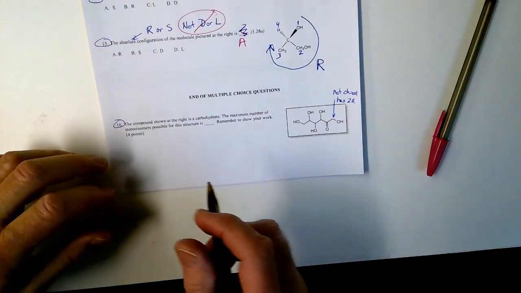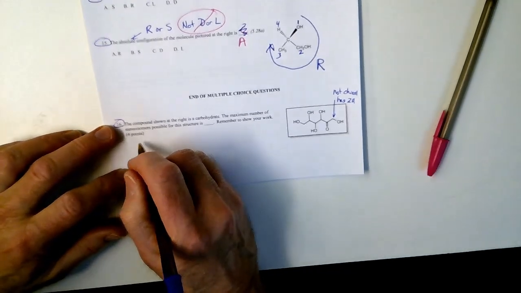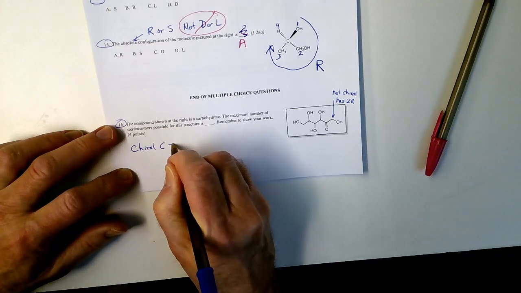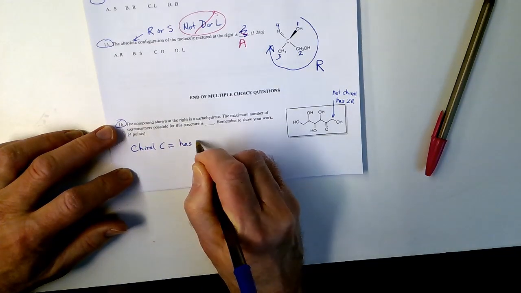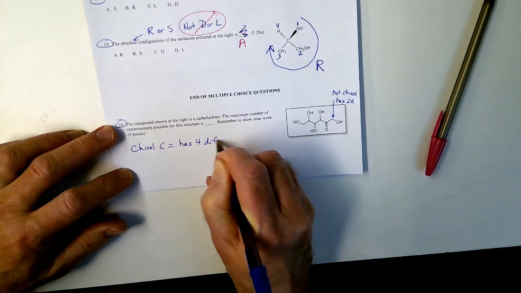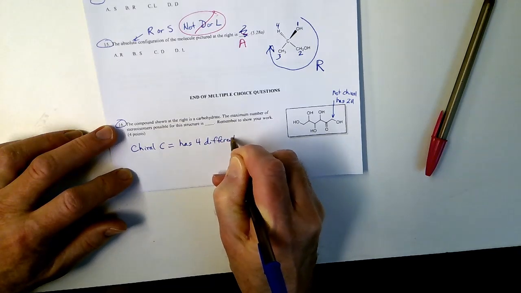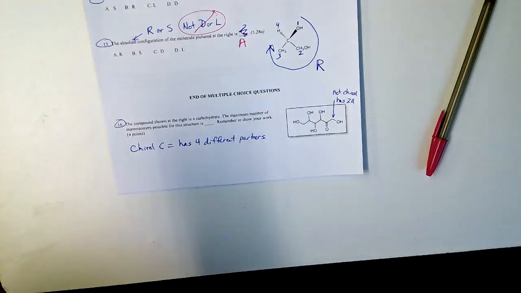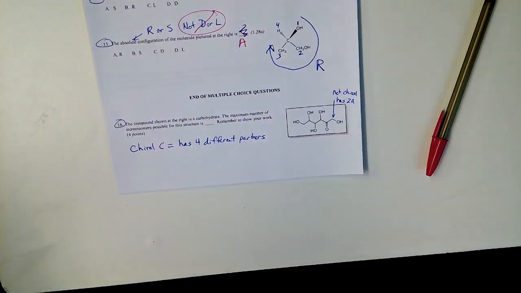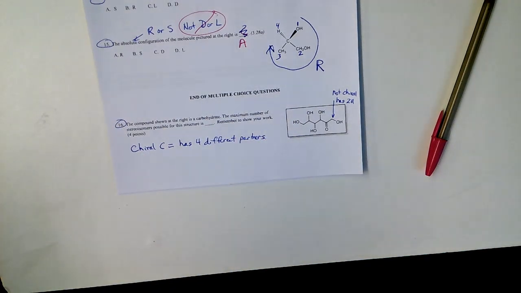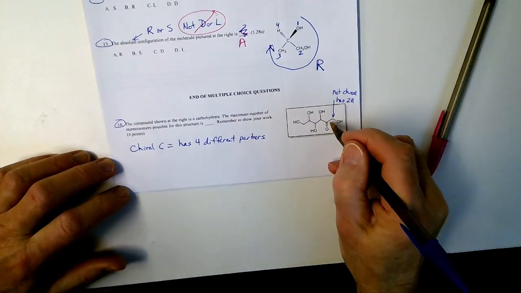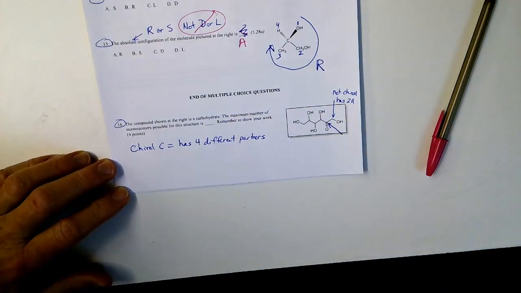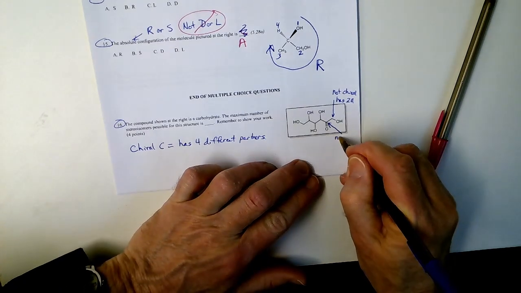Let me write that definition down here. A chiral carbon means that it has 4 different partners. They all have to be different from each other. Well, and that means that this one's also out of the running. This one's not chiral.